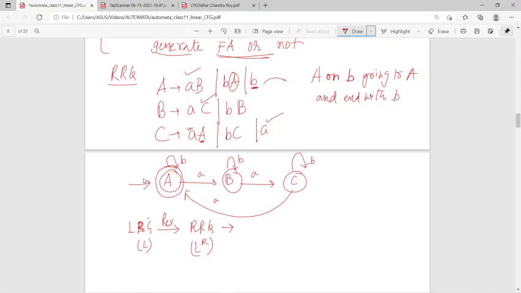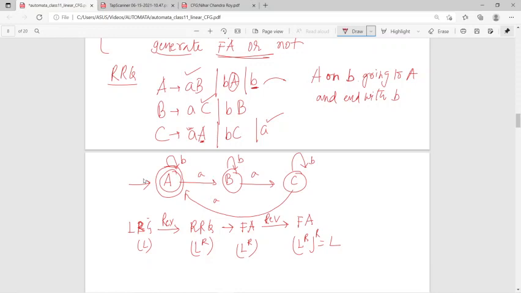Then we can design a finite automata, and this finite automata will accept the language that is the same as L reverse. Now if we again reverse this, we will get the finite automata that accepts the language L.